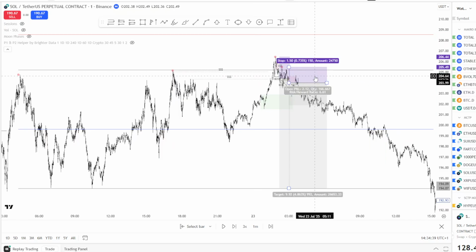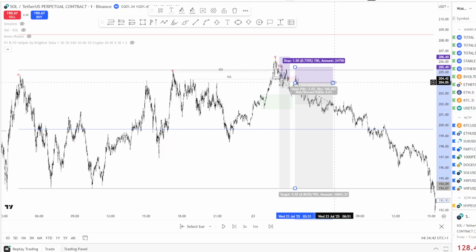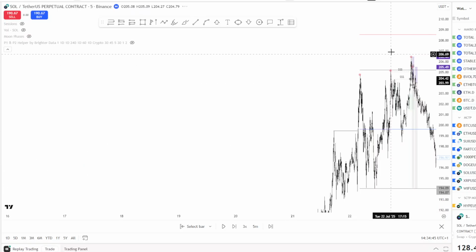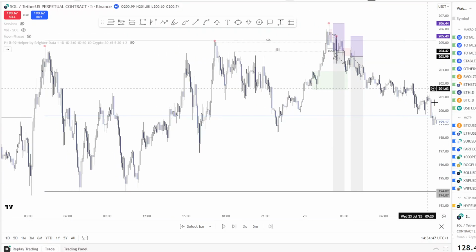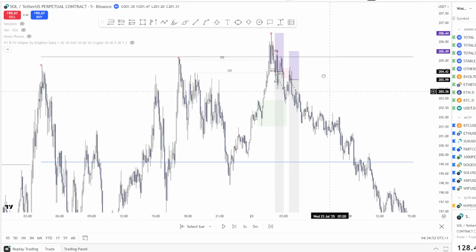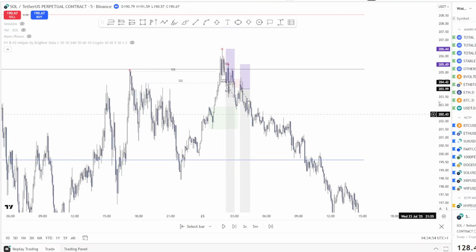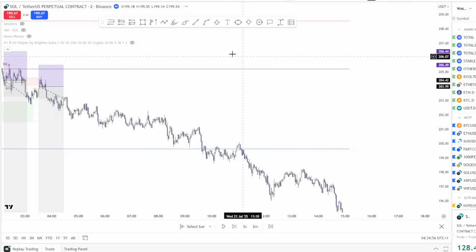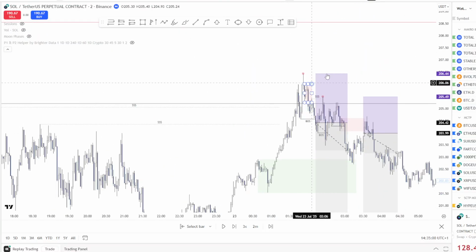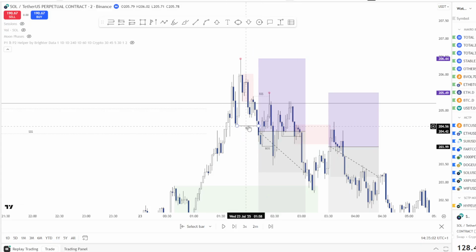In hindsight, it's always easier to see the trade. So that's why we backtest, to collect data, to actually look at price action. And at this very moment, like 5 minutes ago, I did not see it. I have to be honest. I did see the break here, the 2-minute break.